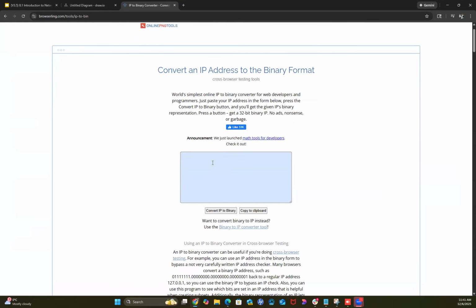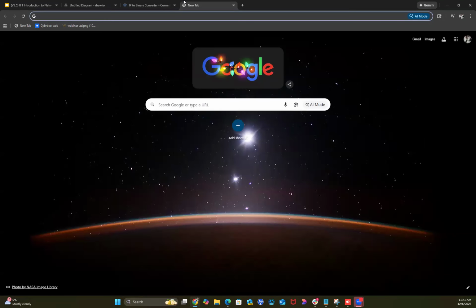Suppose we write down our IP here, 192.168.0.1. Convert IP to binary. So this is the binary. If we know this decimal to binary conversion, we can understand it.